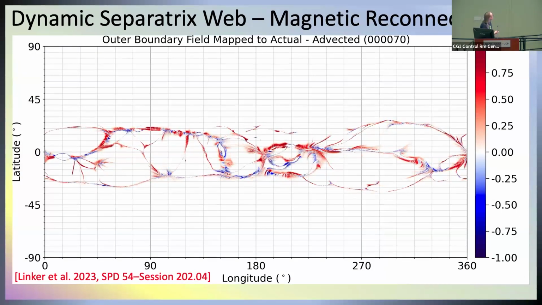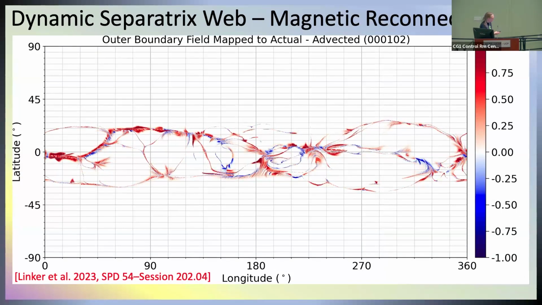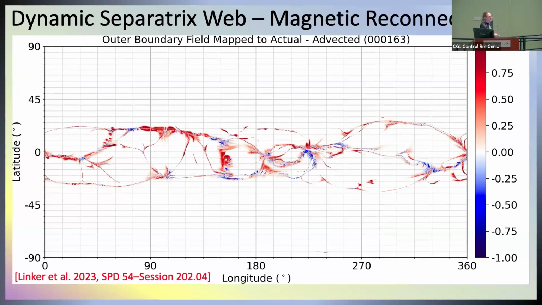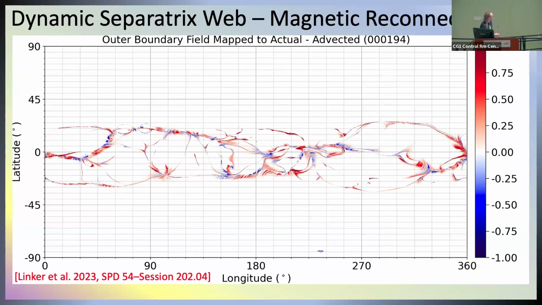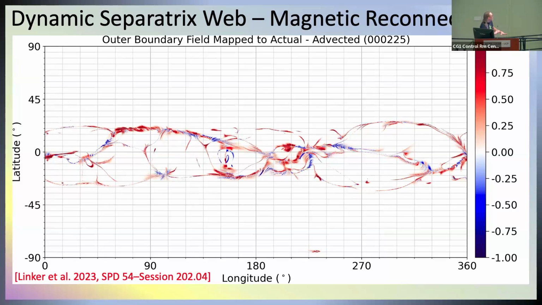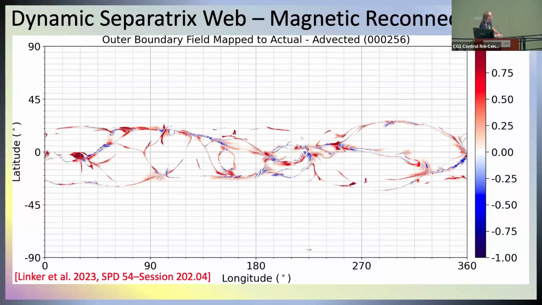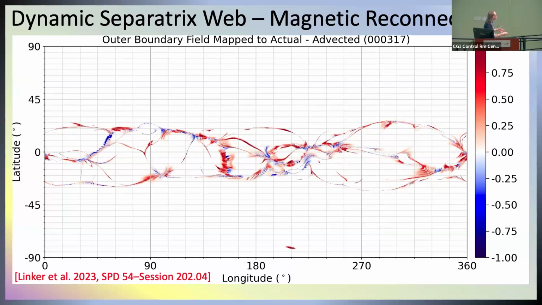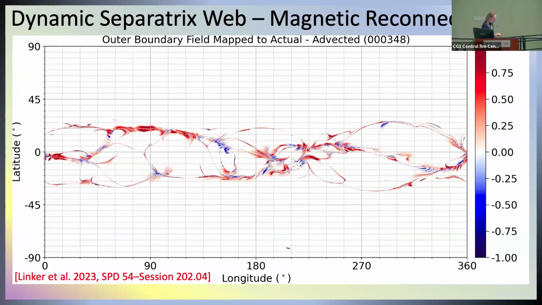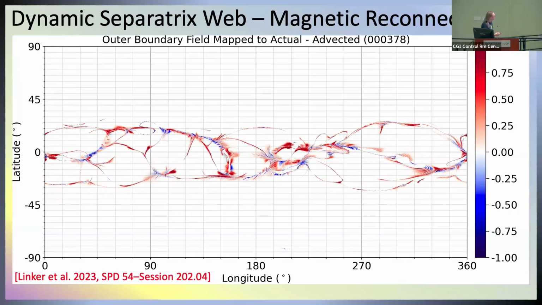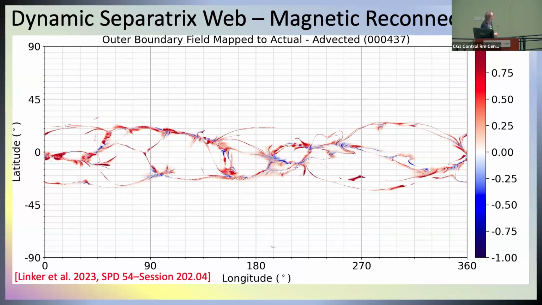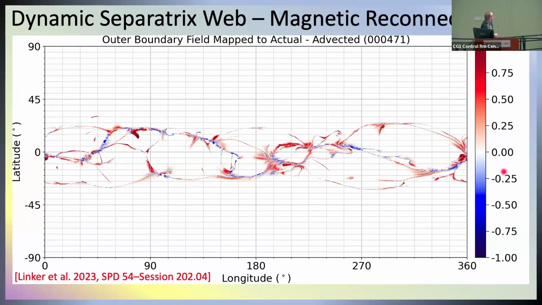And this is what that looks like if you simulate the entire sun and keep track of all of the places that reconnection happens in your simulation of the solar wind. So you're not doing anything except letting the solar wind run, and there's still reconnection along all of these separatrix boundary layers.